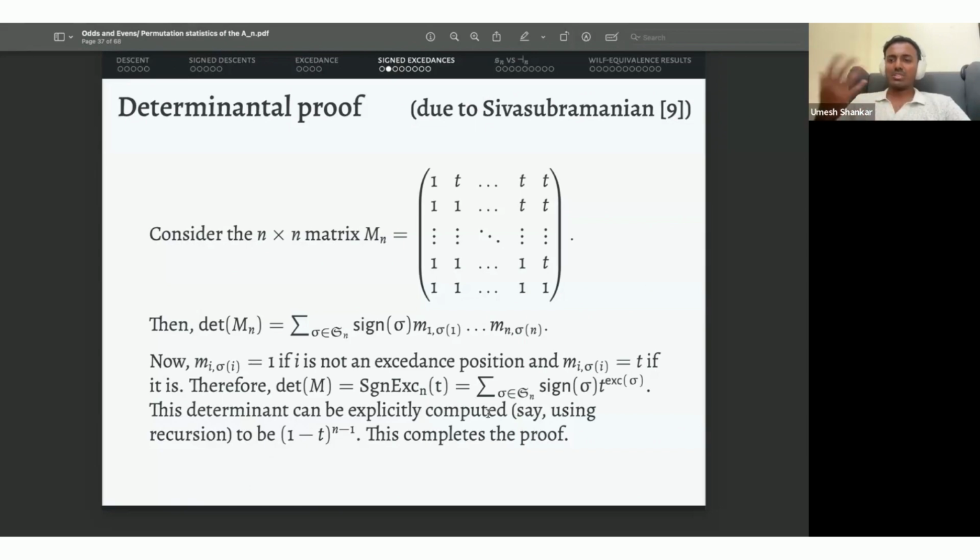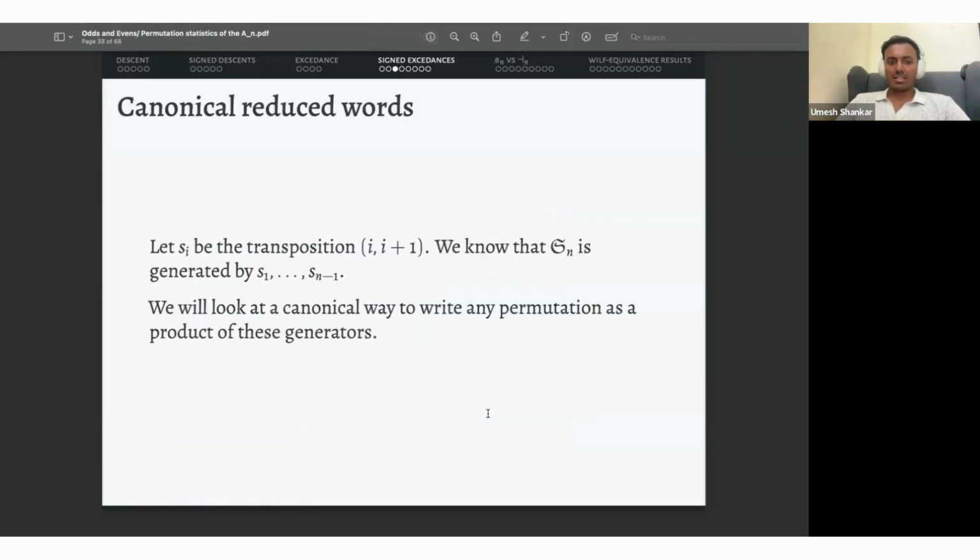This is either going to change the descent, or if they're in adjacent positions, it will increase the descent. But if they are not in adjacent positions, they will keep the descent the same. So can you use this to somehow create a sign reversing involution? So we got a sign reversing involution like that.